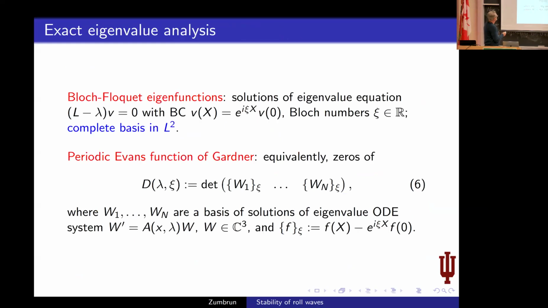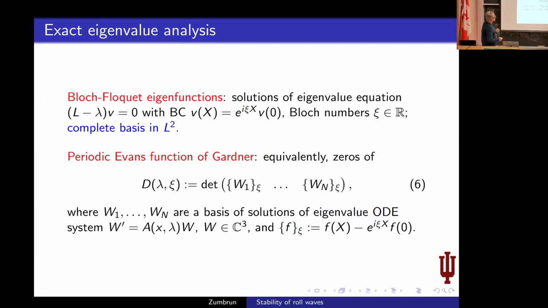Okay, so here's a sketch of the exact eigenvalue analysis introduced by Nova. First of all, if you want to study eigenfunctions of a periodic coefficient operator, well, if it were constant coefficient, we would take the Fourier transform and completely diagonalize it.